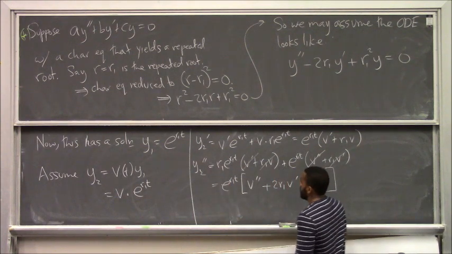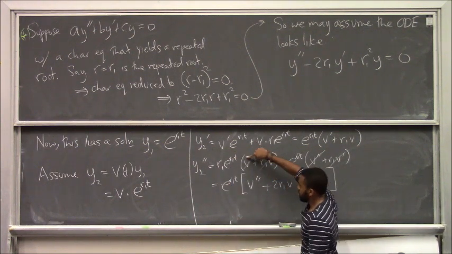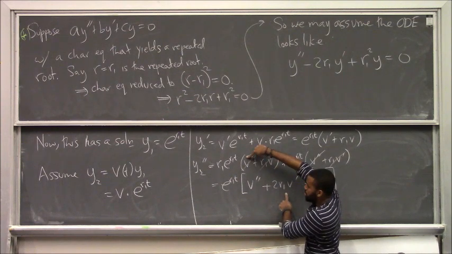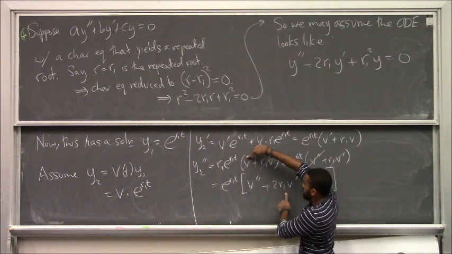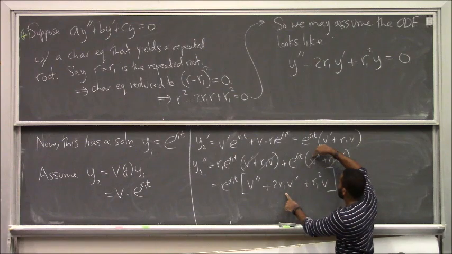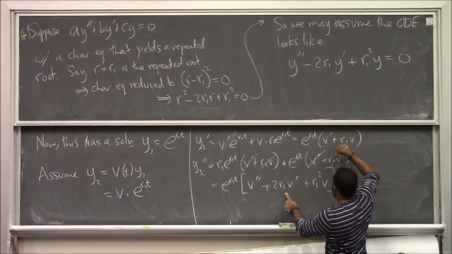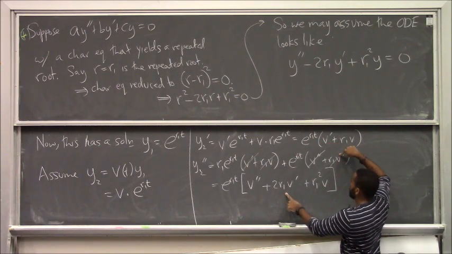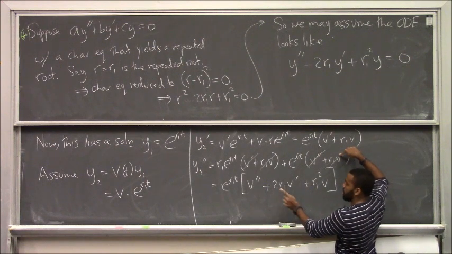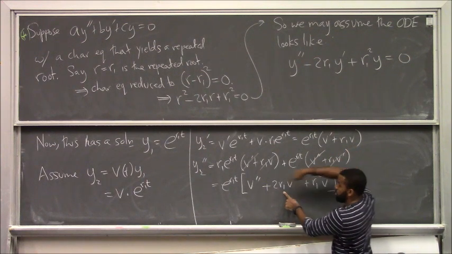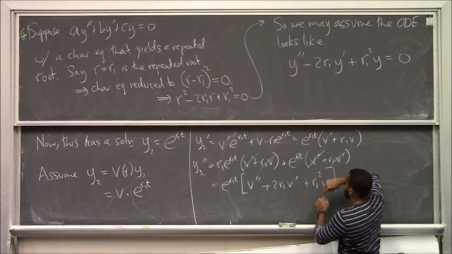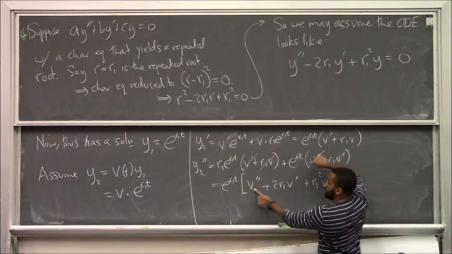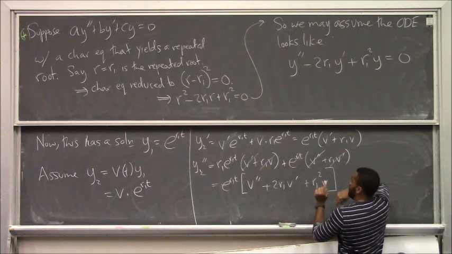It is. If I multiply this out, I get r1 v prime times the e to the rt. And if I multiply this out, this one gives me the r1 v prime e to the rt. So I have two of those, and I factor out e to the rt. Then I have the v double prime times e to the rt, factor out e to the rt.